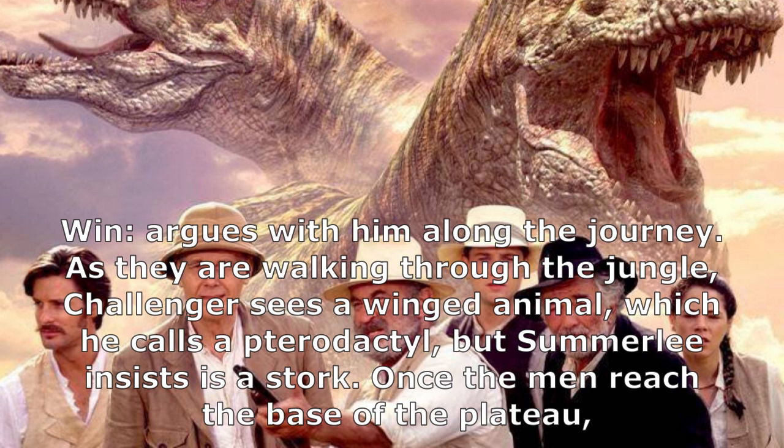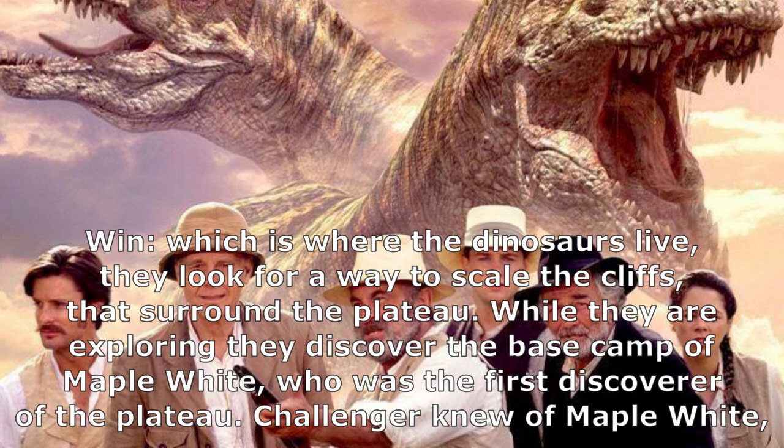Once the men reach the base of the plateau, which is where the dinosaurs live, they look for a way to scale the cliffs that surround the plateau. While they are exploring, they discover the base camp of Maple White, who was the first discoverer of the plateau.